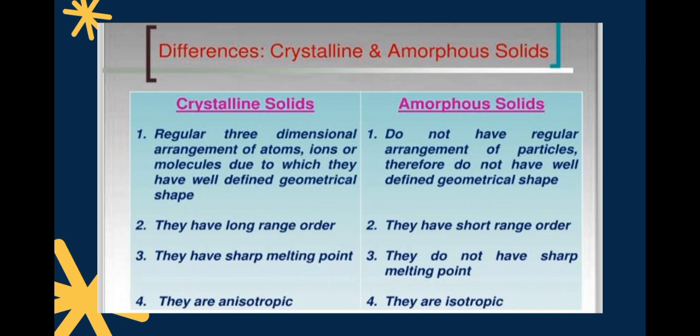Crystalline solids have long-range order, and amorphous solids have short-range order. Crystalline solids have a sharp melting point, while amorphous solids do not have a sharp melting point. And crystalline solids are anisotropic, and amorphous solids are isotropic.